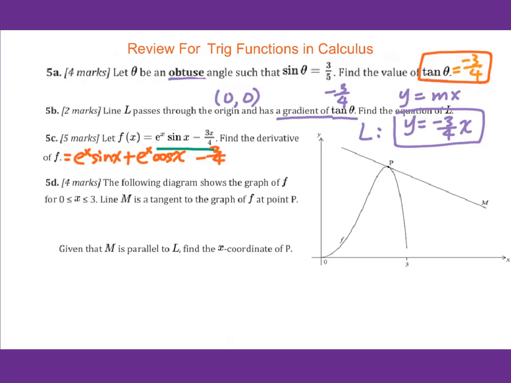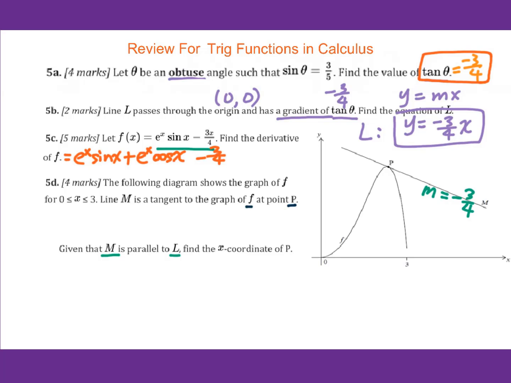Line M is tangent to the graph of f at point P. Given that M is parallel to L, find the x-coordinate of P. Since M is parallel to L, they will have the same slope. So the slope of line M will be negative 3 over 4.